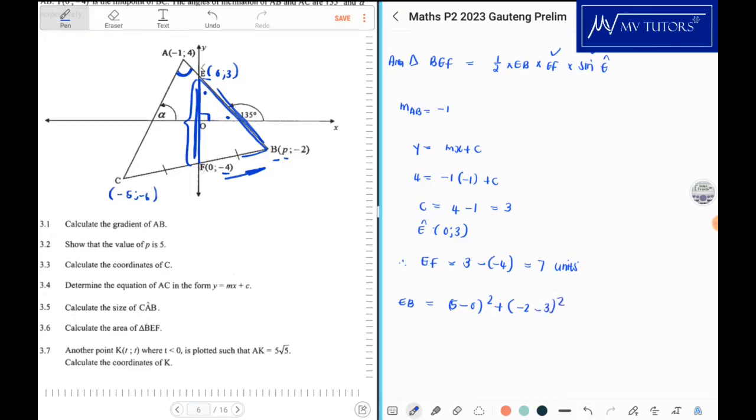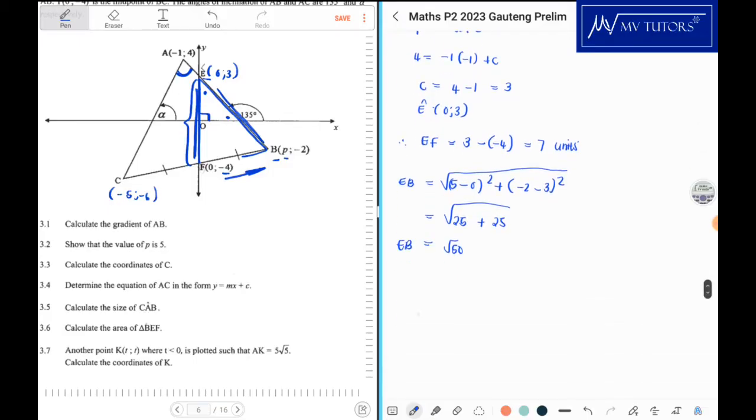And we square it, and everything will be under a square root. So we have 5 squared, which is 25, and again, negative 5 squared, which is 25. So basically, EB will be root 50. I'm just going to leave it as root 50. I'm not going to simplify it at this point, because I just want to get to the area.